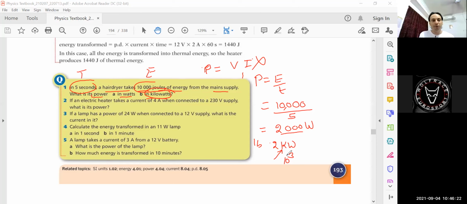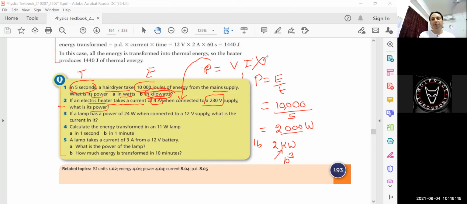In question number 2, children, an electric heater takes a current of 4 ampere when connected to a 230 volts power supply. What is its power? Current is given, voltage is given. For this question, you can apply the equation P equal to VI.